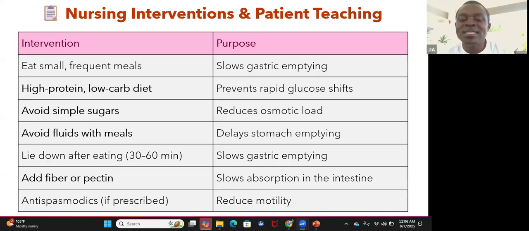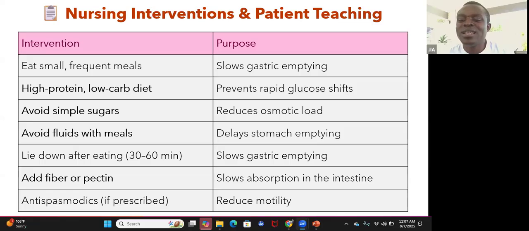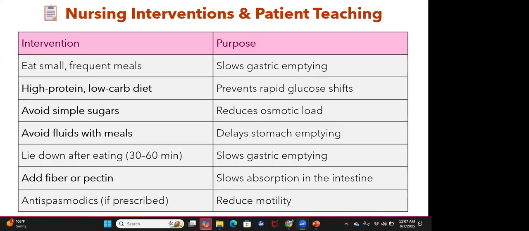Sometimes even when they are eating, they have to be at a position around 30 degrees or maybe even flat. Because when you are upright eating, anything that goes in there, let's say if you're a slow eater, before you even finish eating, everything would have poured into your small intestine before you even come and lie.